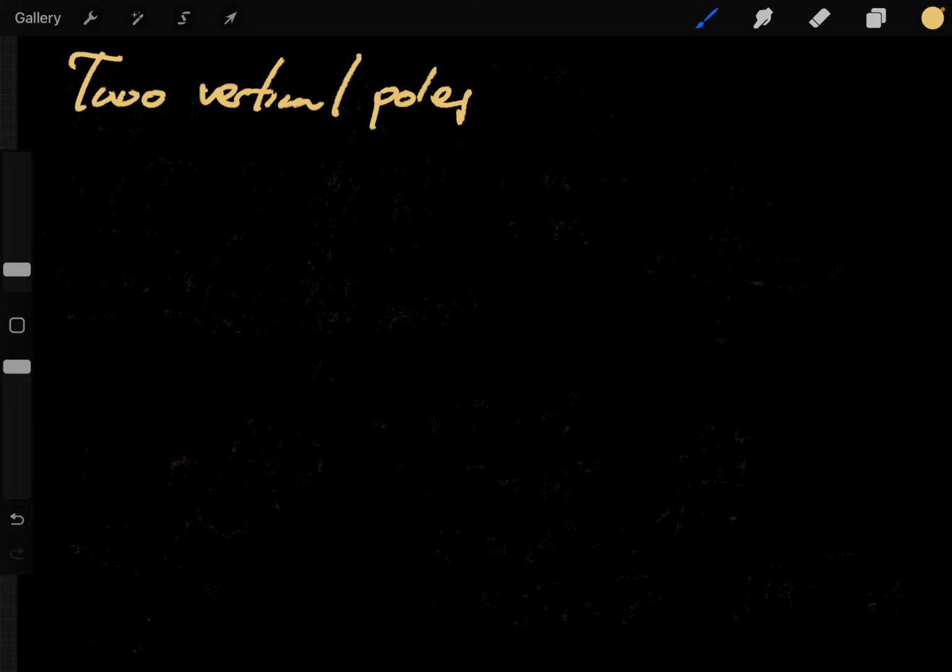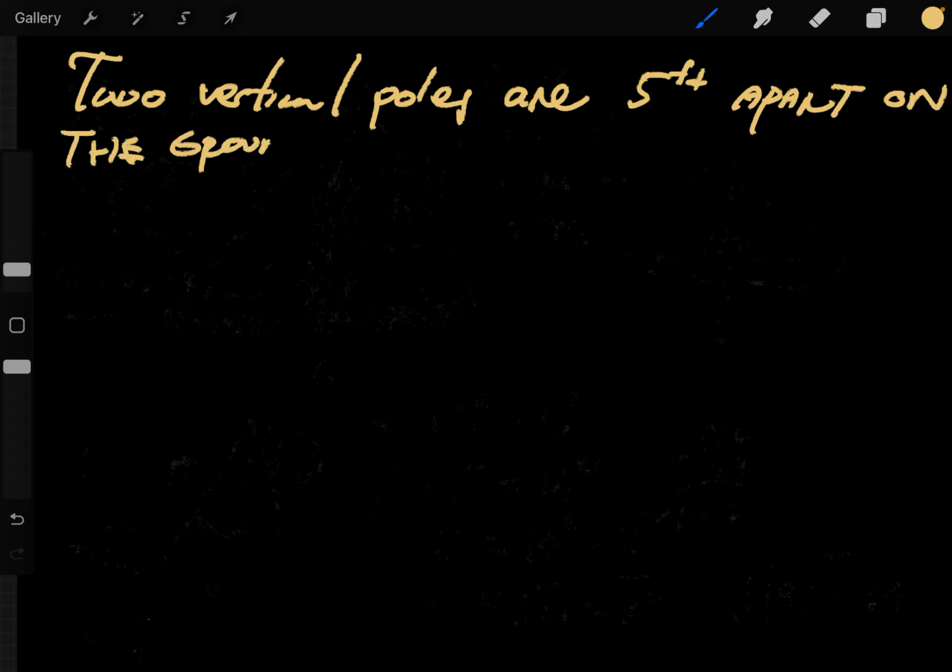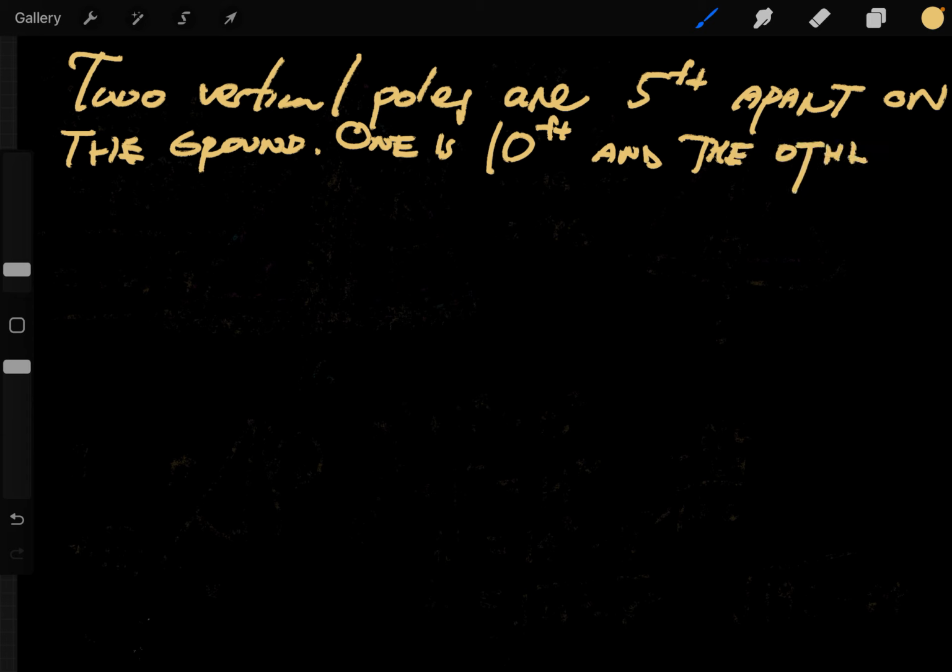Two vertical poles are 5 feet apart on the ground. One is 10 feet, and the other is 22 feet.